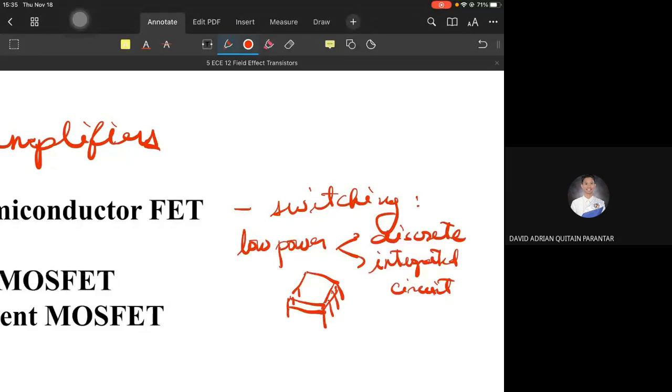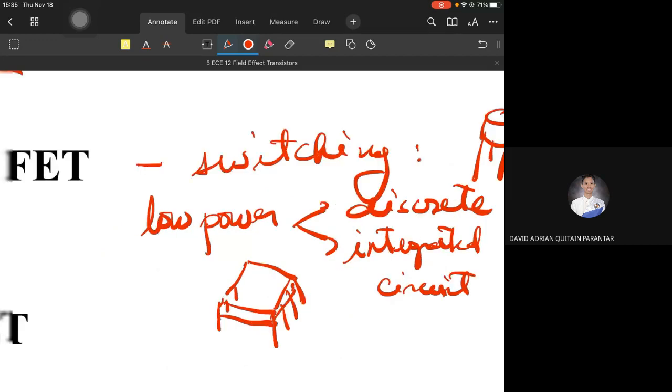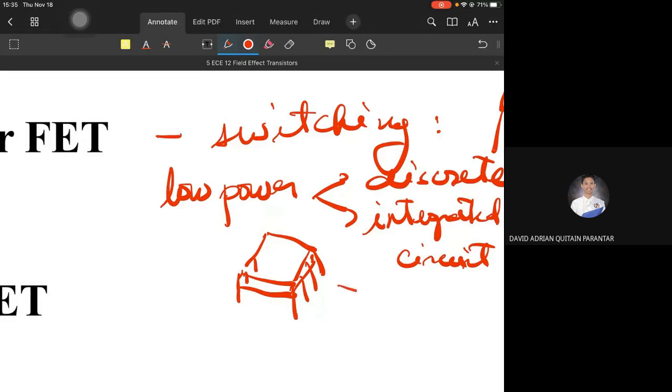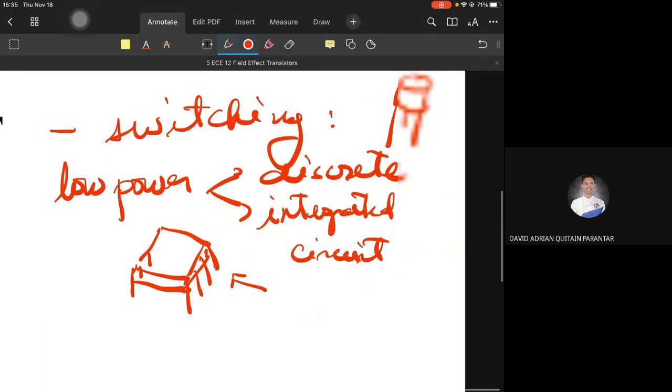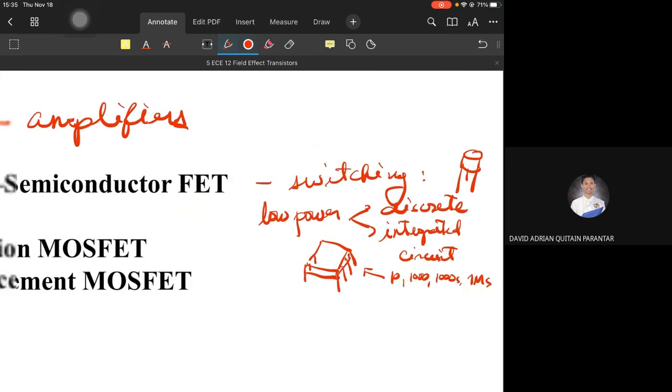So this could be made up of tens or hundreds or thousands or even millions of MOSFETs inside the IC. So for a discrete component, one is just one MOSFET. Whereas for an IC, this might be made of tens or hundreds or thousands or even millions of FETs inside the integrated circuit.